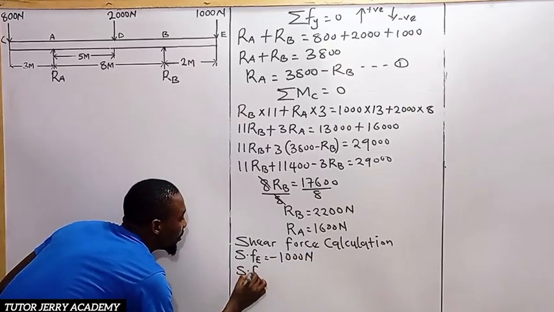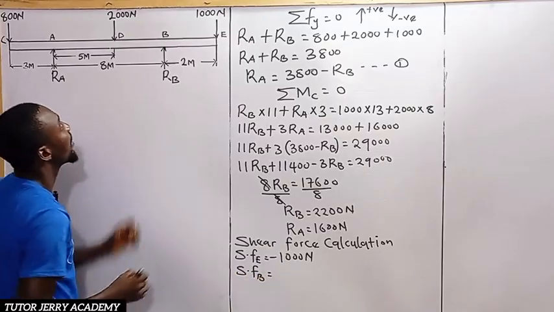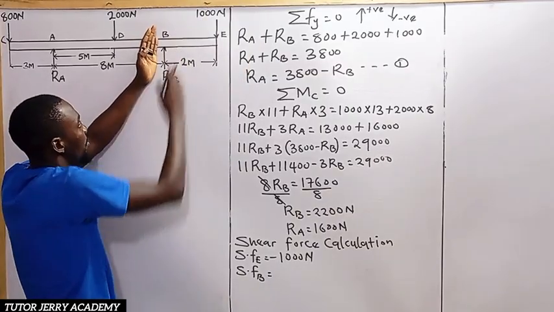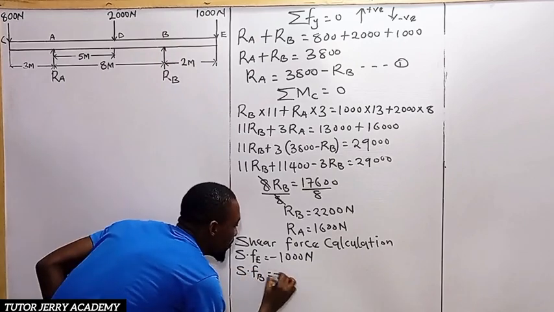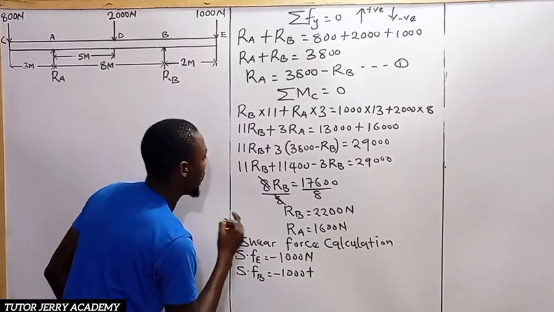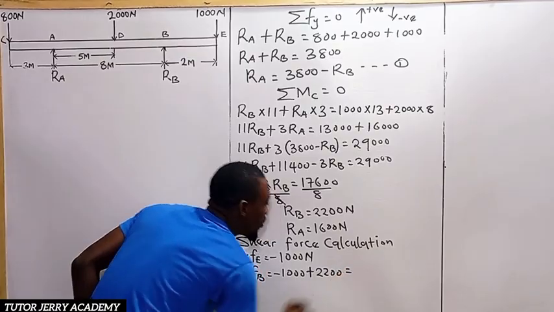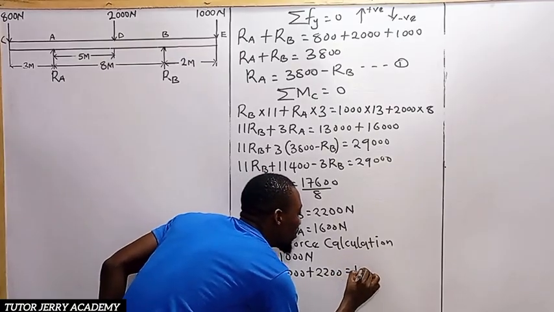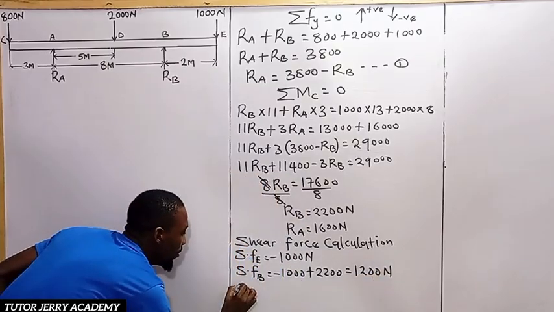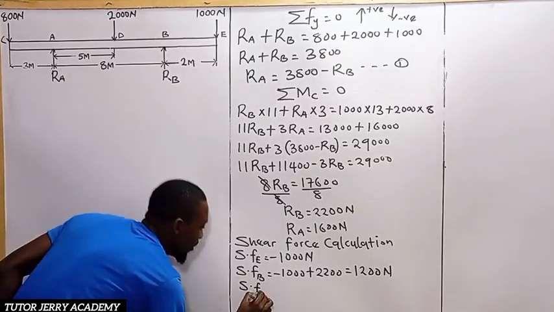So the shear force at point B, if you start at point B to your right, we have two forces, a downward force and an upward force. That is minus 1,000 plus RB, and our RB is what? That is 2,200. So if we sum this together, we are going to have 1,200 Newton.